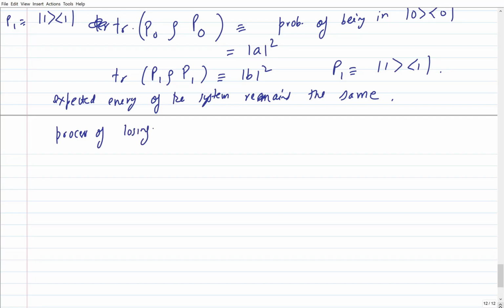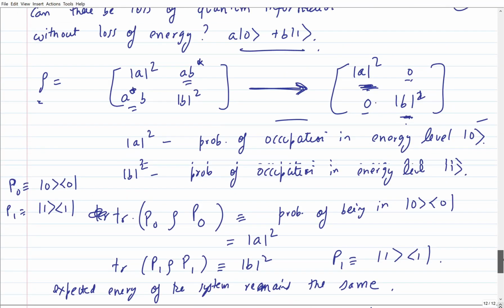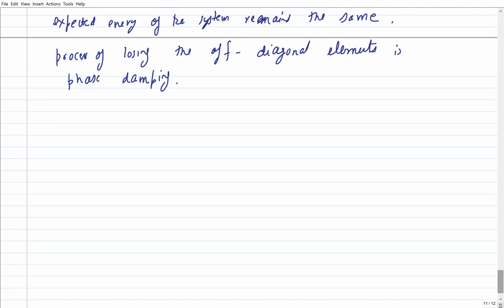losing only the off diagonal elements, which is known as phase damping. And as you can expect, one can look at what happens to the Bloch sphere geometrically.